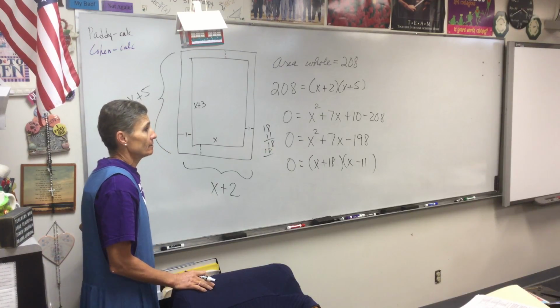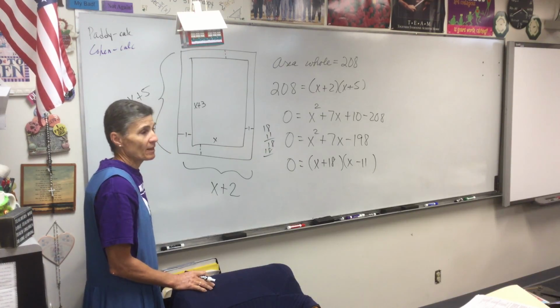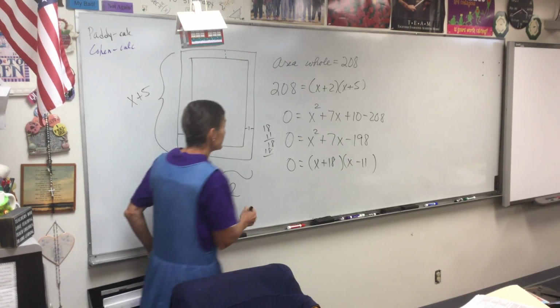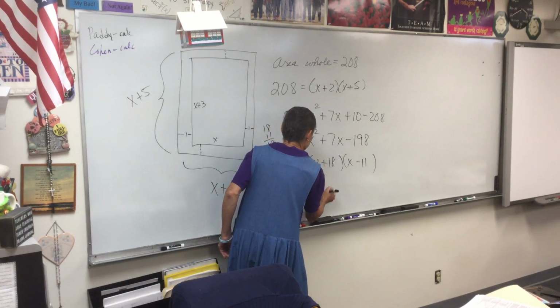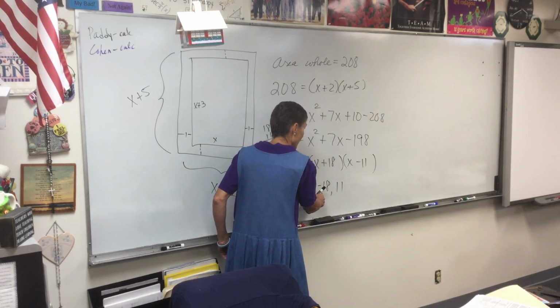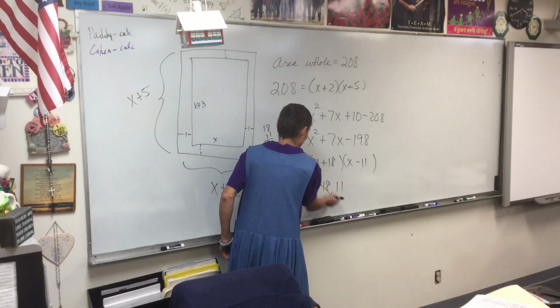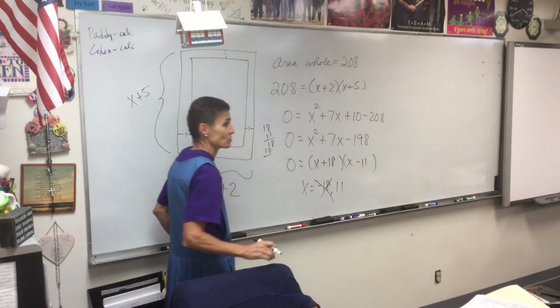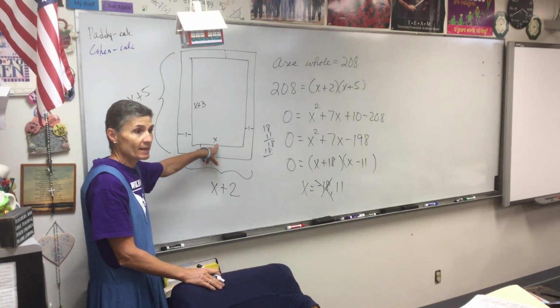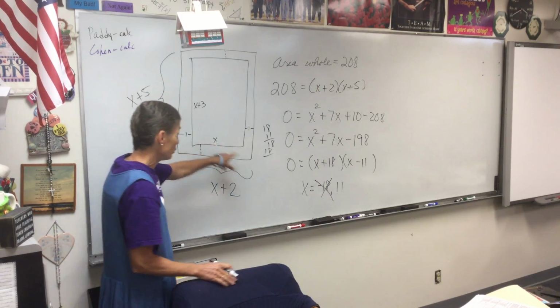But again, if you don't want to mess with that and you're sitting there with the calculator, go ahead and do the quadratic formula and you'll come up with the same two answers, negative 18 and 11. What are you going to do with that one? Throw it out. That's an extraneous root. In the context of the problem, x cannot be a negative 18, right? But it could be 11.